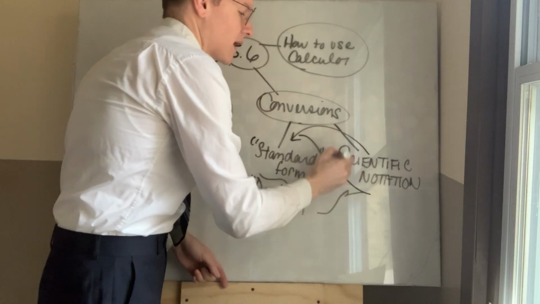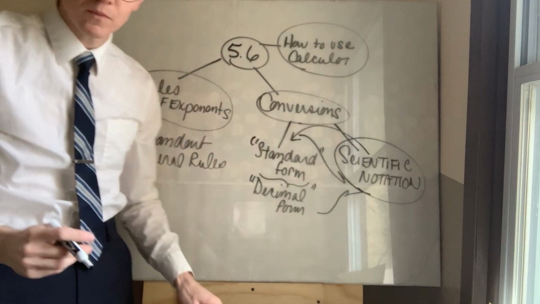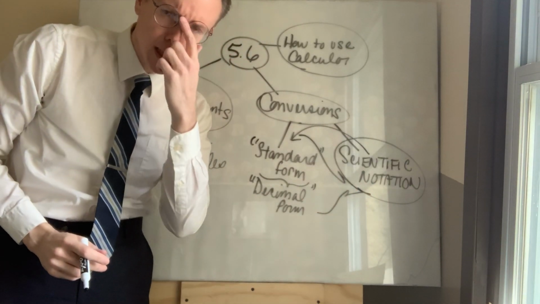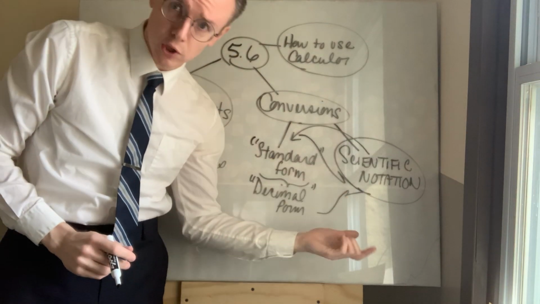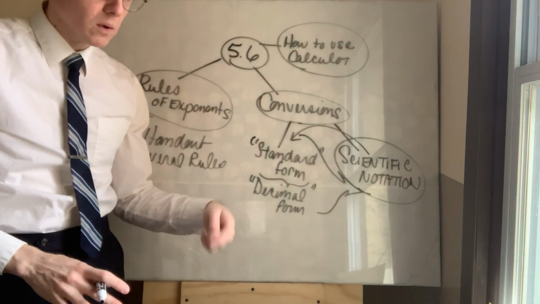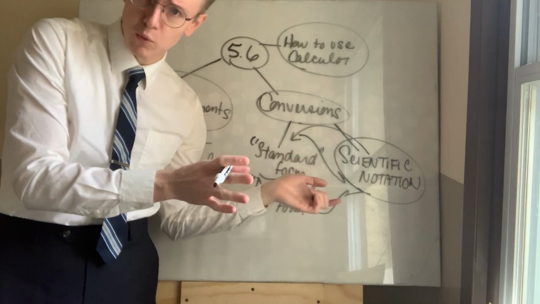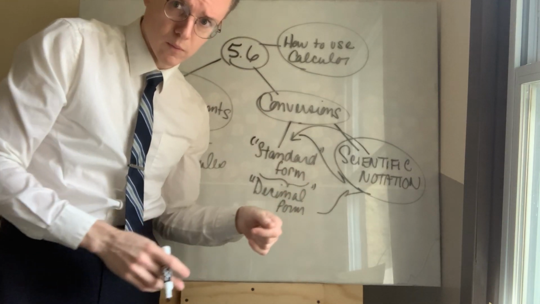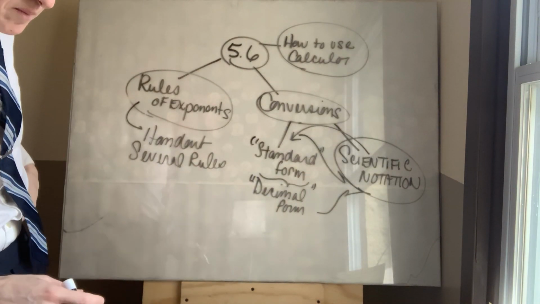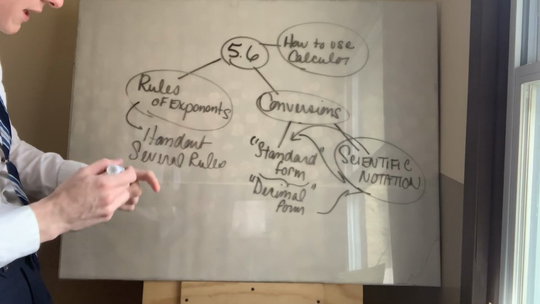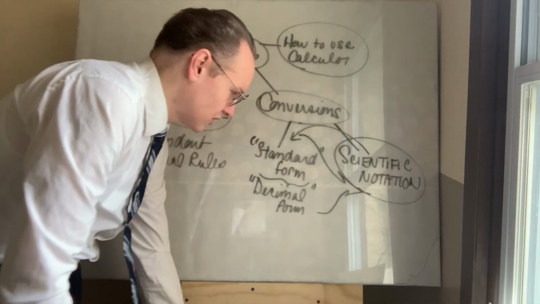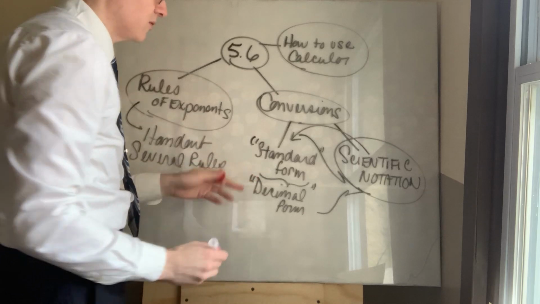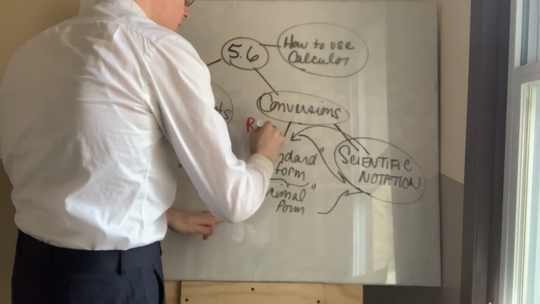This is practical if you go into a science or if you go into engineering, because you deal with astronomically large quantities, or you deal with very small things, microscopic, nanoscopic, or whatever. Anyhow, for right now, just convince yourself, standard form, decimal form, that's the regular way that you see a number.